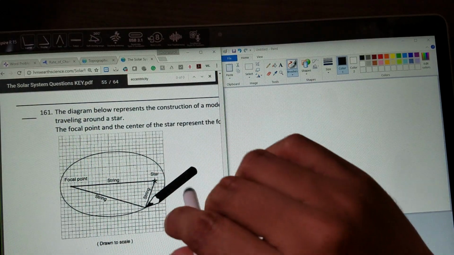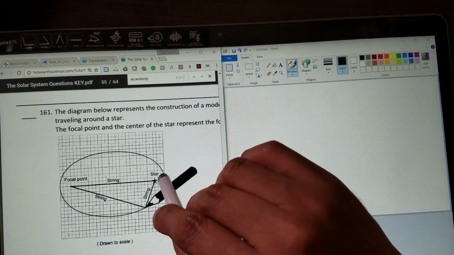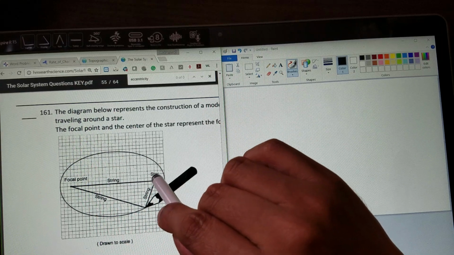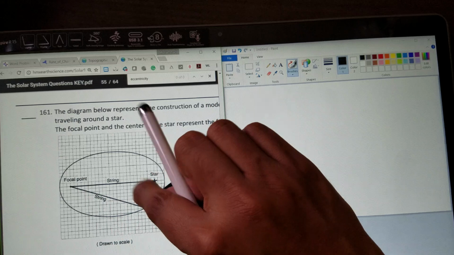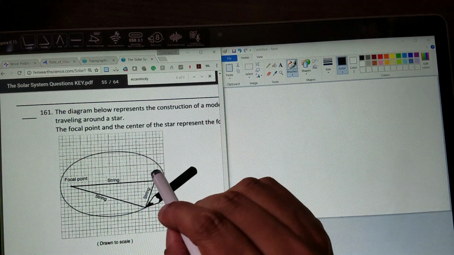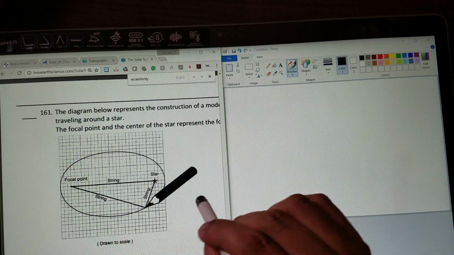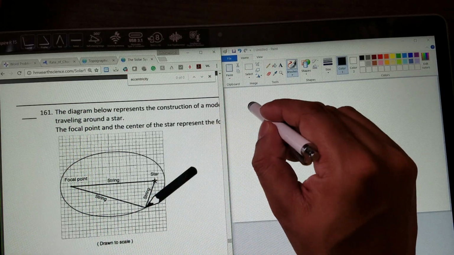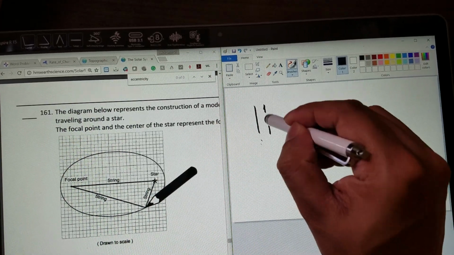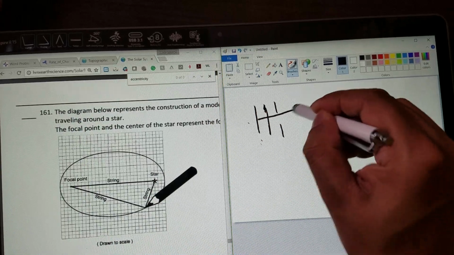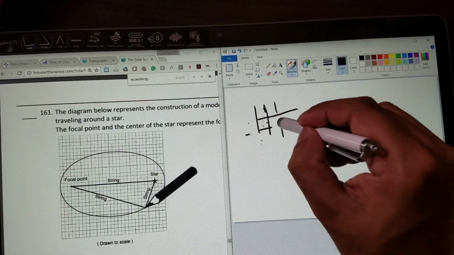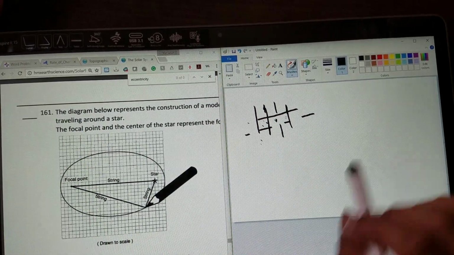From here you can assume that each space is 1. If this is 1, this is 2, this is 3, and so on. So each space is 1.